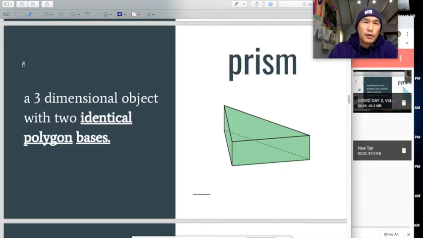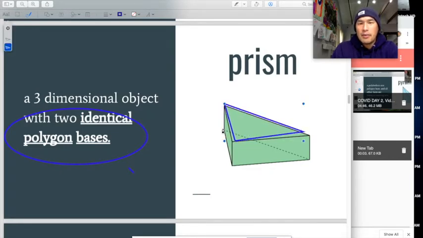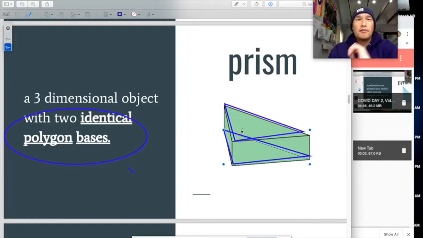So let's focus on the first part of it, this idea of identical polygon bases. What does that mean? So a polygon base, in this case, are the two triangles on the top. There's one of them. And on the bottom, there's the other one. Those are your two polygon bases.